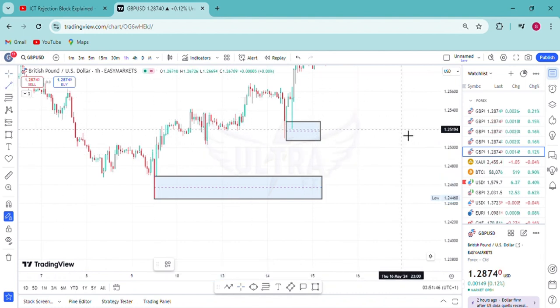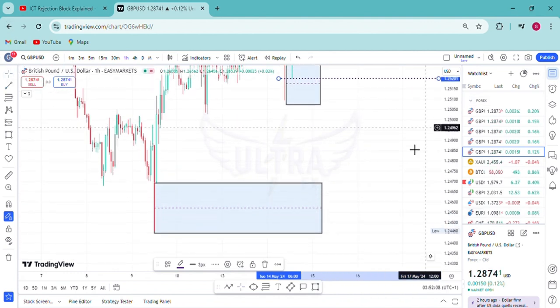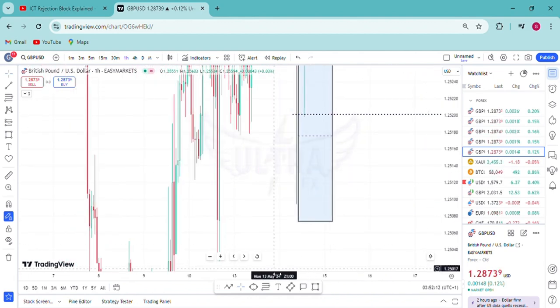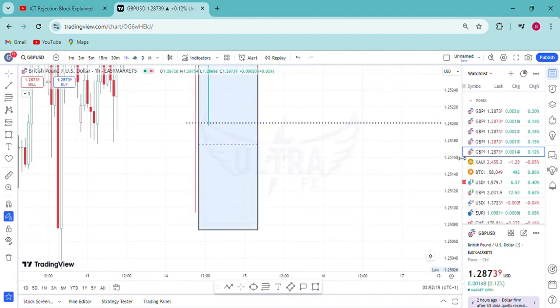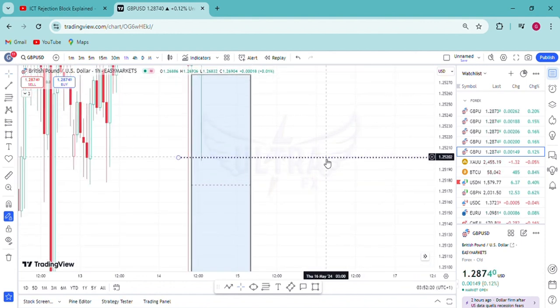What did I say about your big numbers? You can see that we have 25200. So let's go down. 25200. You can see price rejecting off of that zone, off of that number, just like there.